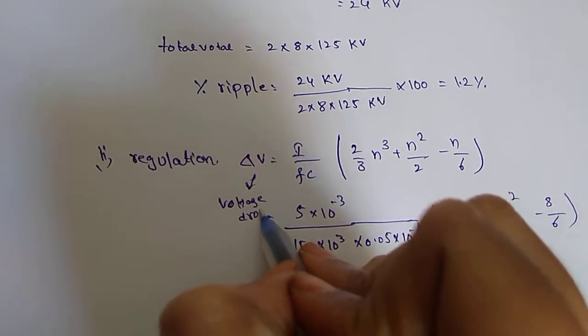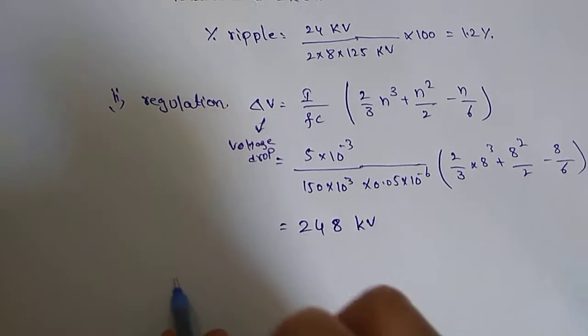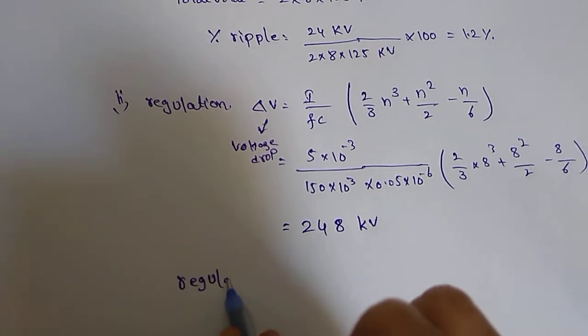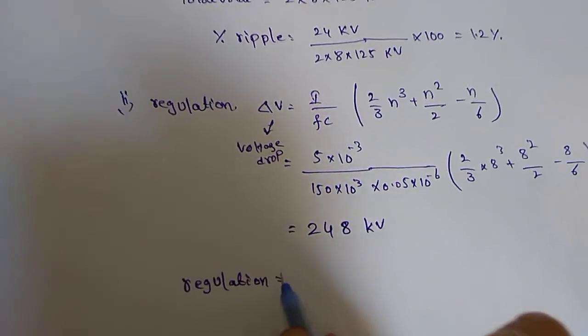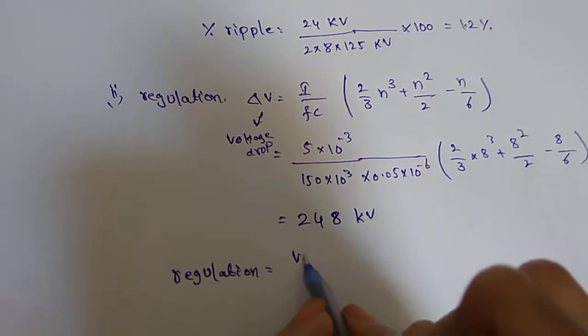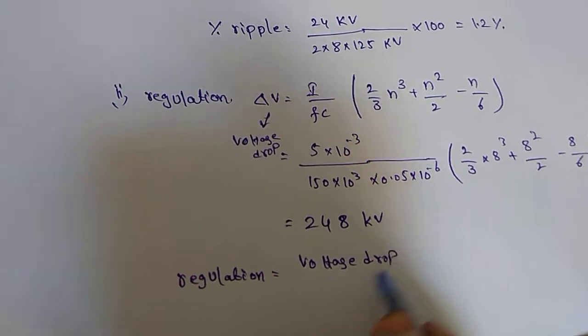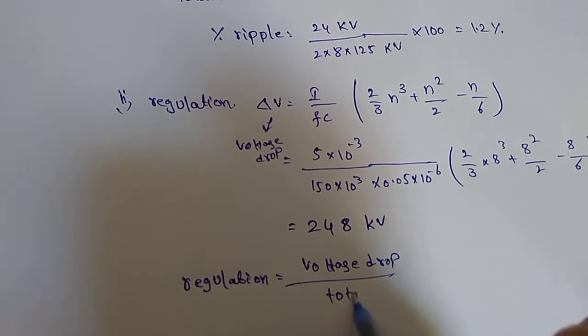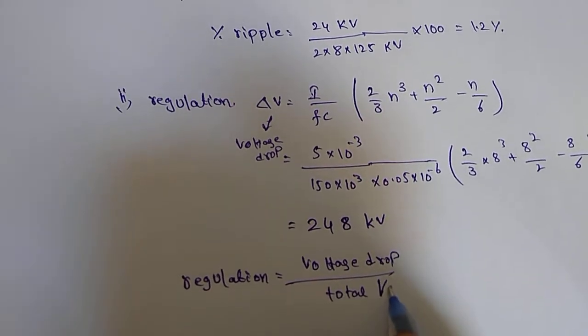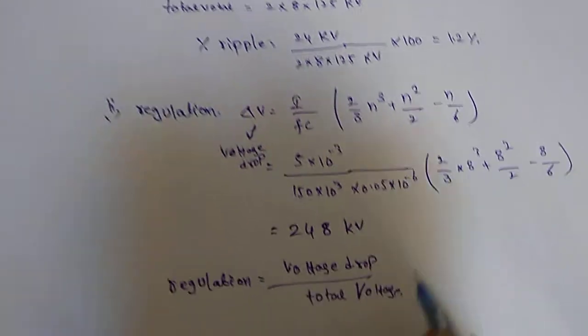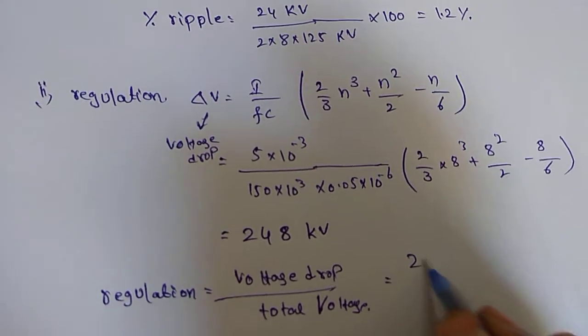To calculate the regulation, it is the voltage drop divided by total voltage. I already know the total voltage from the previous calculation, so I am substituting the same thing.